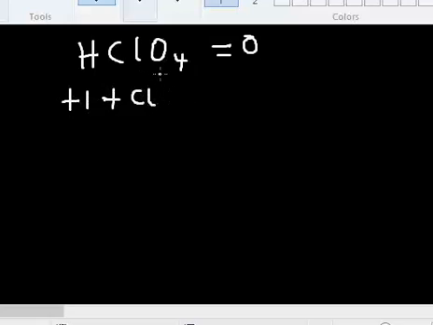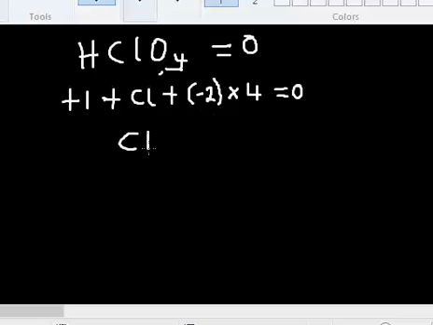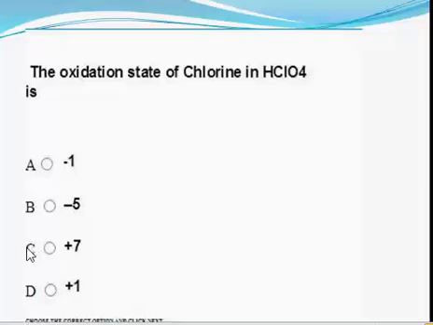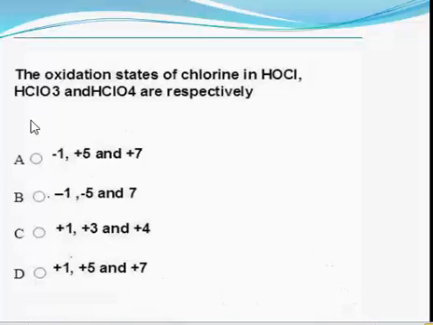Then of course you know very well that oxygen is -2. Valence is -2. Then times 4 atoms of oxygen is equal to 0. So this is 8, right? So I'm going to have 1 minus 8. This is -1 minus 8, which is -7. So I'm having Cl -7 equal to 0. So Cl now is going to be +7. Okay, so +7, C is the correct answer.